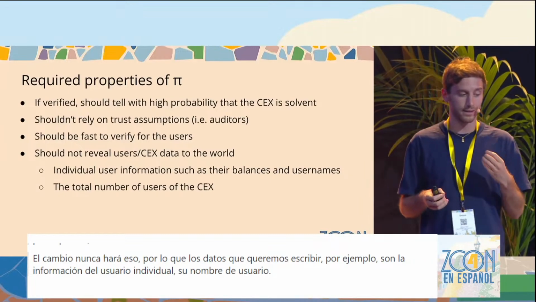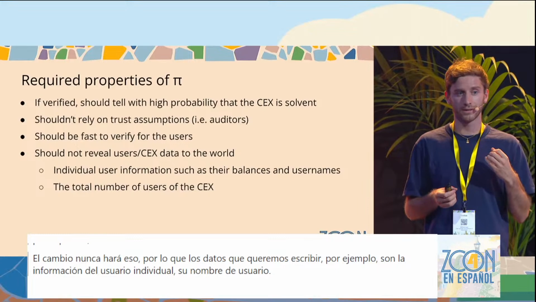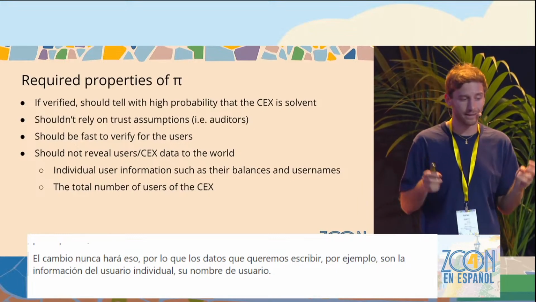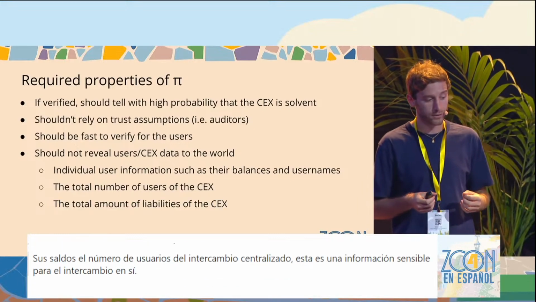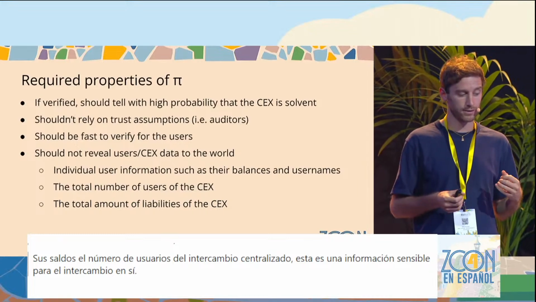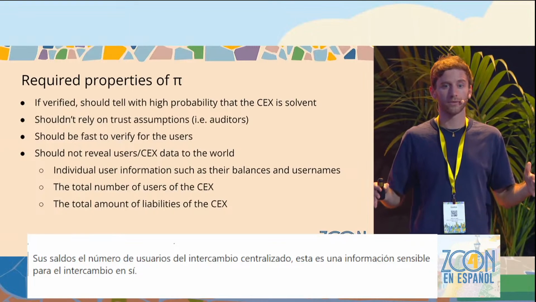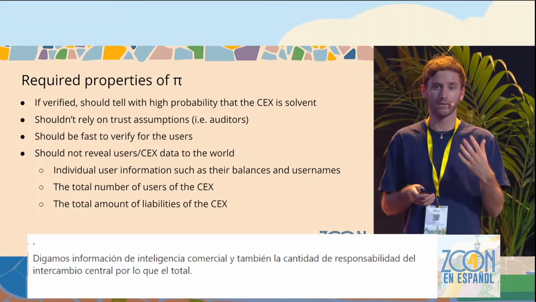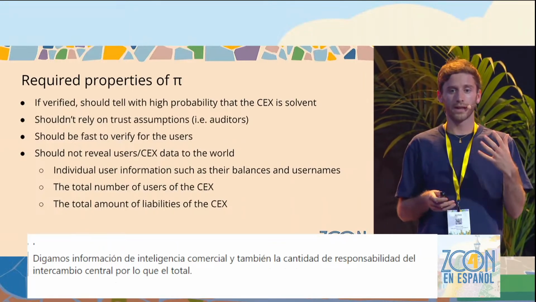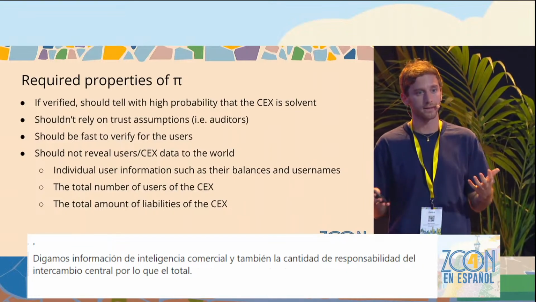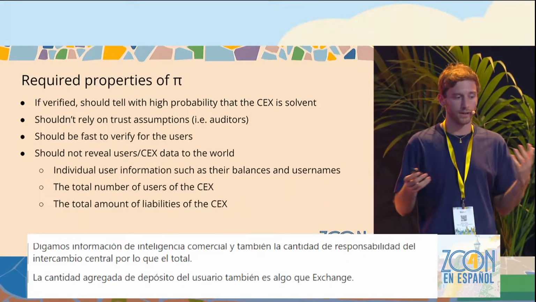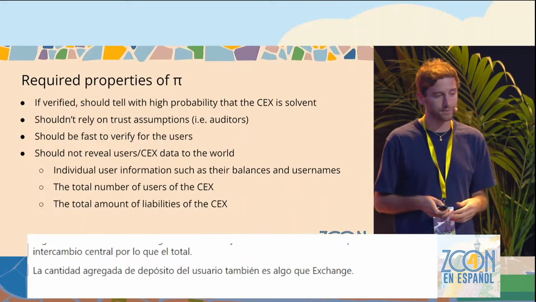This is sensitive information for the exchange itself, as business intelligence information, and also the amount of liability of the centralized exchange. The total aggregated amount of deposits of the users is also something that the exchange won't like to reveal to the public, because it can say a lot about how they are doing, basically.